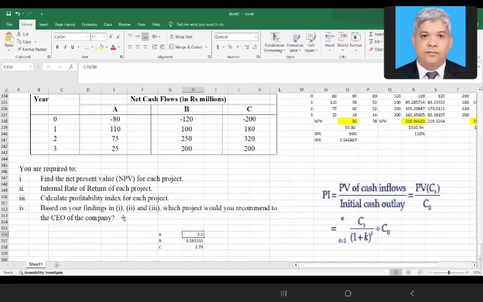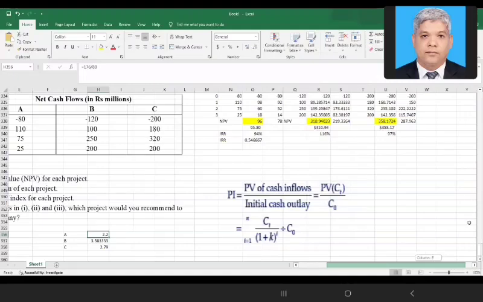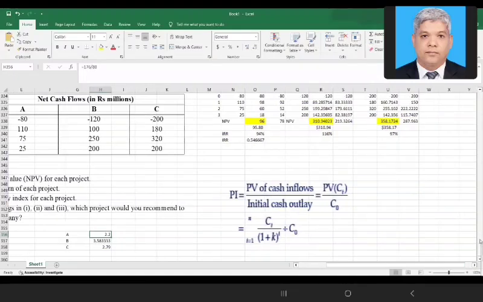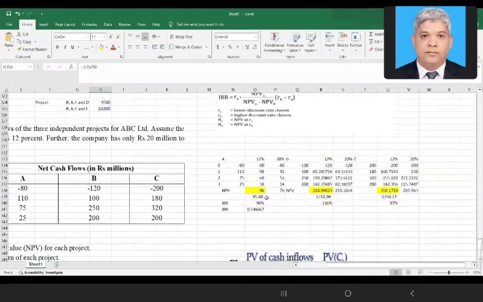Based on your findings in one, that means NPV, IRR and profitability index, which project would you recommend to the CEO of the company? If you look at the NPV values at 12%, project A is giving an NPV of 96, project B is giving 310, and project C is giving 356, 58.